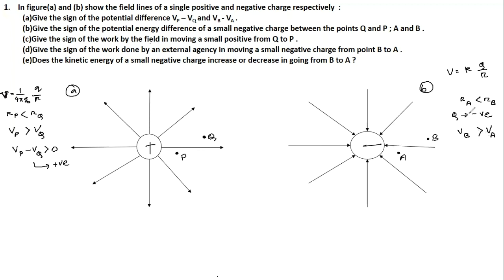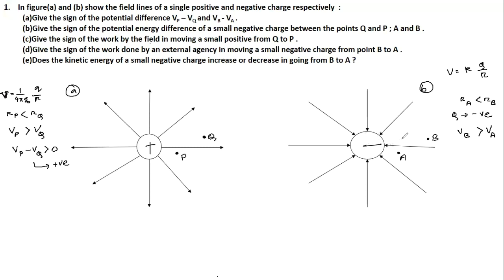Since the sign of the charge is opposite, the potential values at the different points also get reversed. So the point that is further away from the source charge will have greater potential as compared to the point which is closer to the source charge.